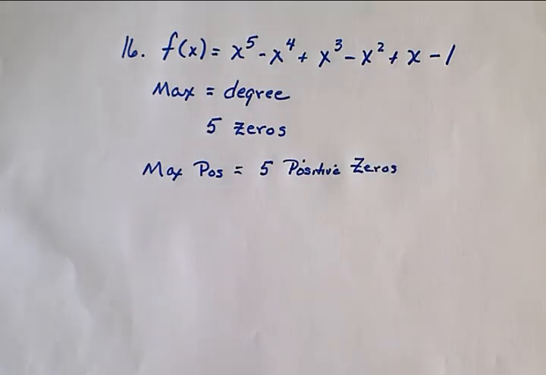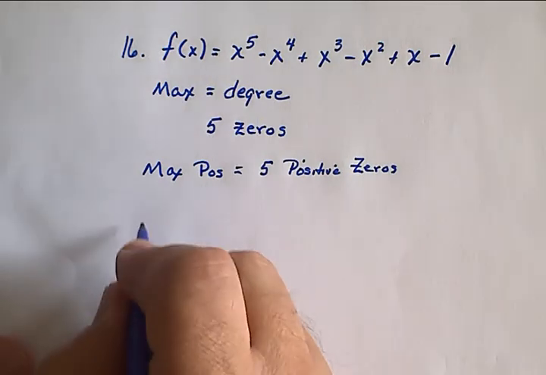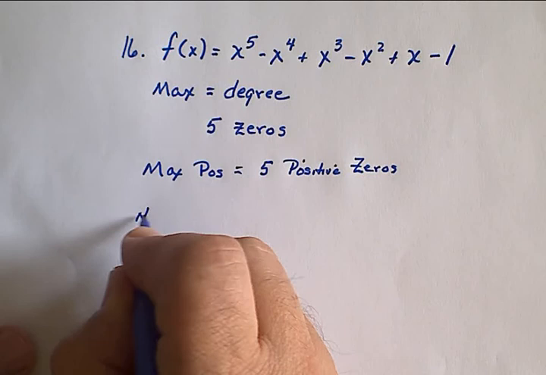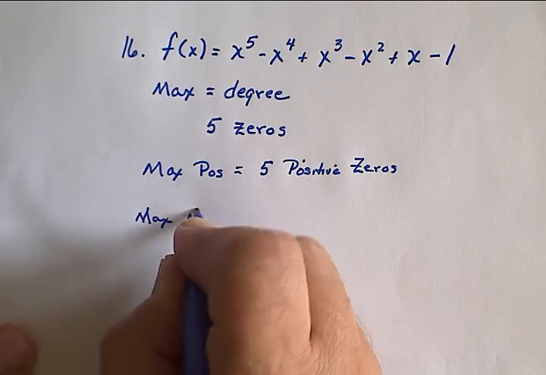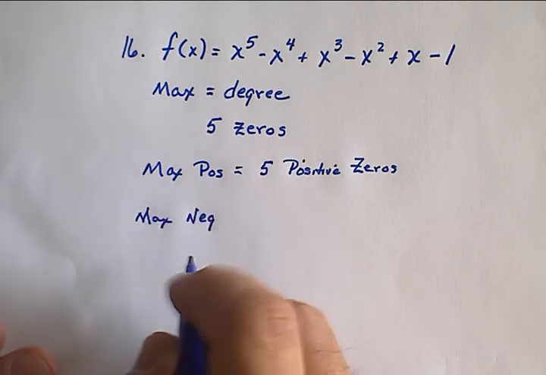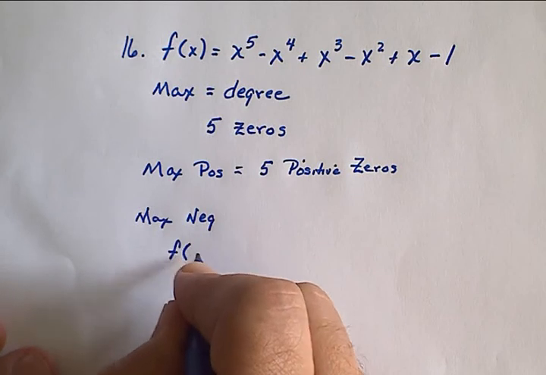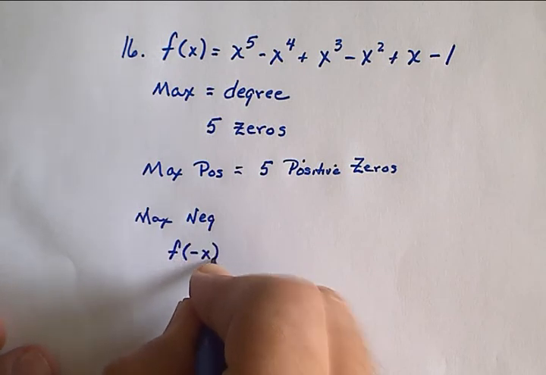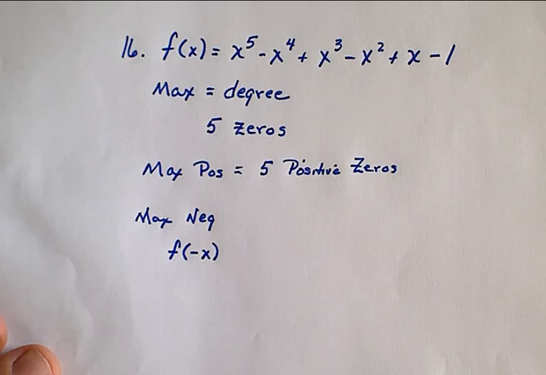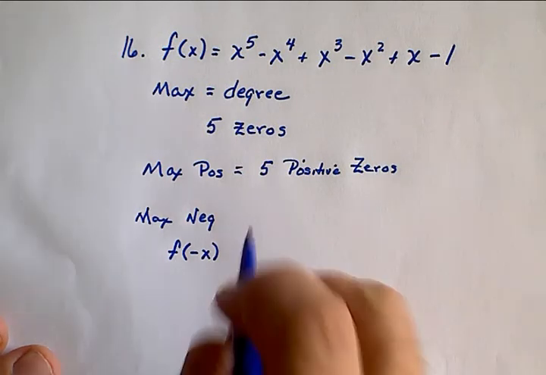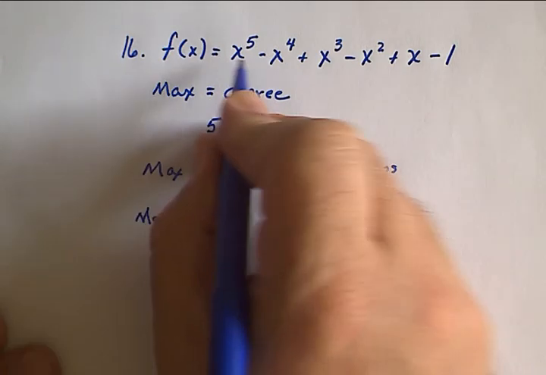Okay, so possible. Now, if I determine the maximum number of negatives, the first thing I need to do is find a new function. I need to find f of negative x. So I'm going to take a negative x and plug it in everywhere up here.